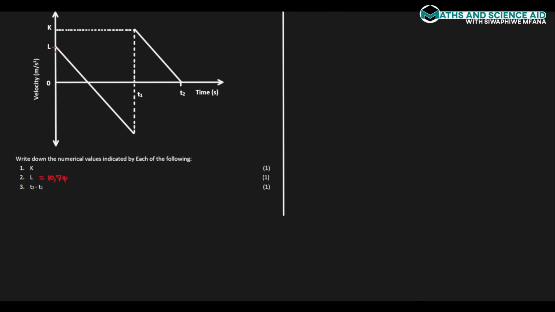And then what happened after that? The ball was moving upwards up until it reached its maximum height. But what happens when a projectile reaches its maximum height? The velocity is 0. So from the moment the ball was thrown upwards, what we are seeing here is that its velocity was decreasing. Yes, the ball was moving upwards, but remember that this is not a position time graph, but it's a velocity time graph.